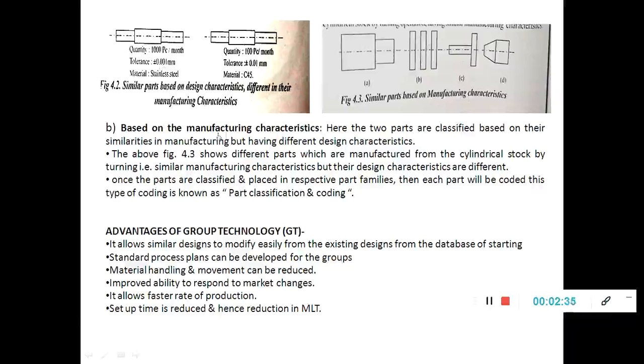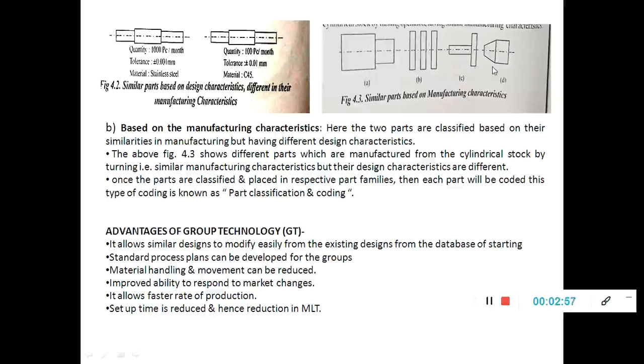The second one is based on manufacturing characteristics. With an example I will explain here. See this figure 4.3. Here, manufacturing characteristics means the cylindrical workpiece has been converted into different forms with the help of different operations like a turning operation.